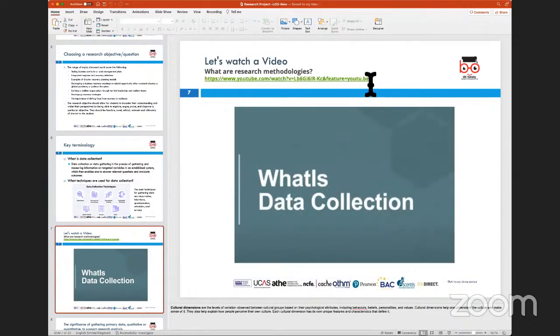Now, data collection is a very vital part of your research project because this is where you're going to be going into the depths of analysis in terms of uncovering reasons which are going to come from the activities that you're undertaking to understand why this has happened or why the sales have declined.